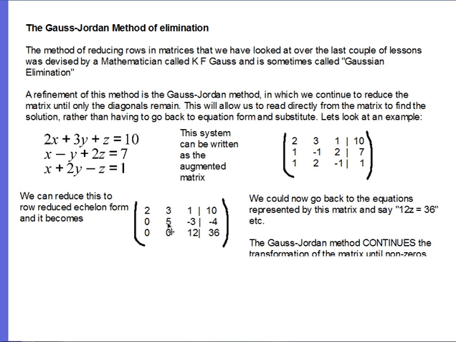Then we look at the second row, 5y minus 3z, which we now know is 3, so minus 9, is equal to minus 4, etc. But the Gauss Jordan method continues the transformation of the matrix. So rather than stopping at this point, the Gauss Jordan method continues until above the diagonal are also zeros.